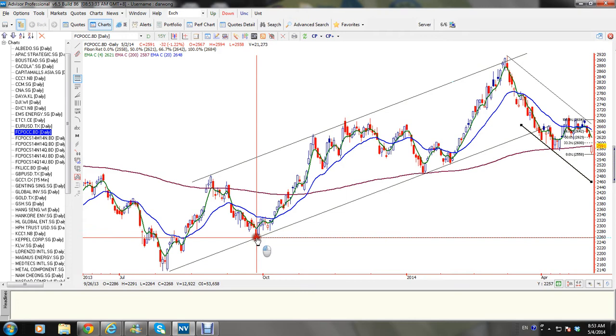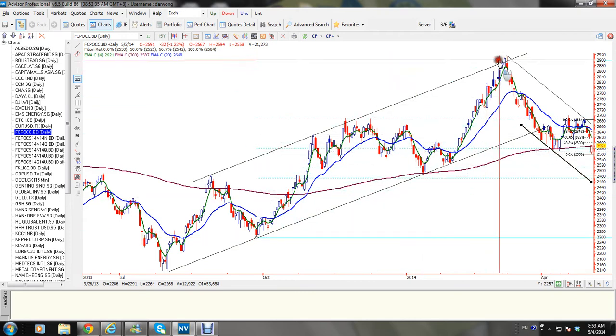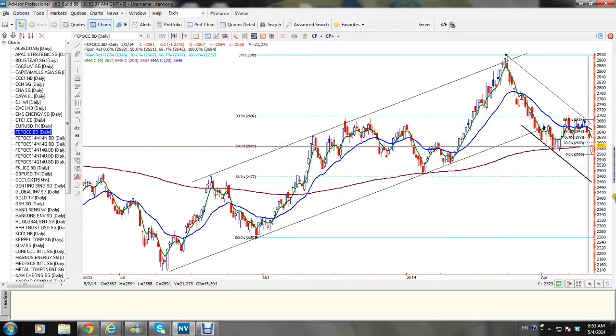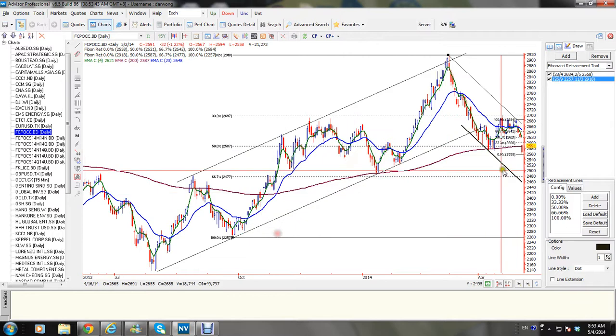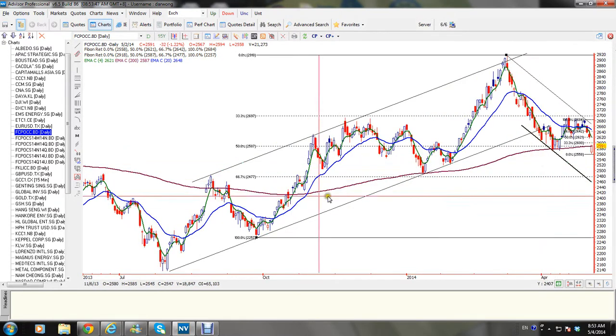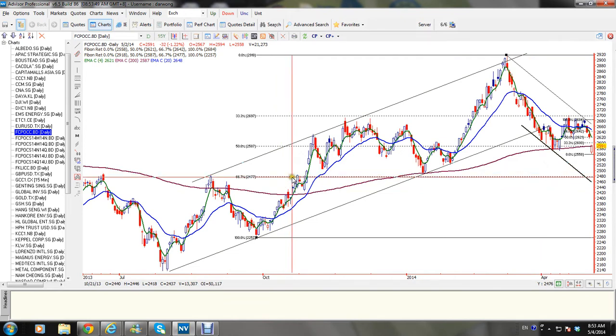Let us give a little estimation from this previous uptrend. Previous uptrend as usual, let's put it to black color to be more visible. If the market comes down, then perhaps after the 66%, the first support should be lying at 2477, in the region of 2470, or it may even come back down to a double bottom at 2,250.